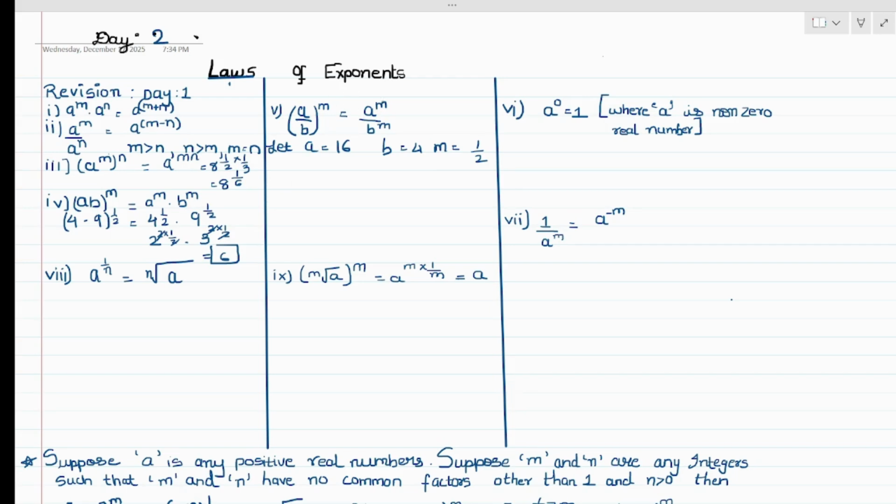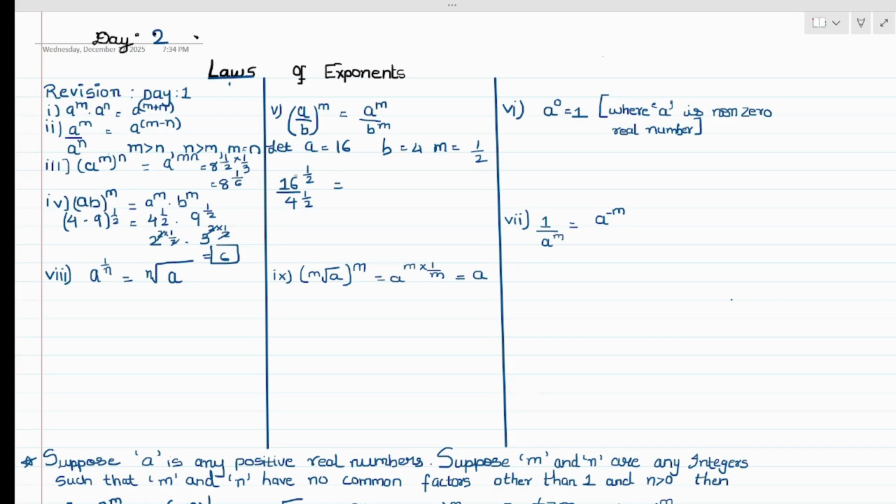As my second step, give them their exponent individually. Wherever I see a, I will write 16, and wherever I see b, I will write 4, raised to 1 by 2, raised to 1 by 2.